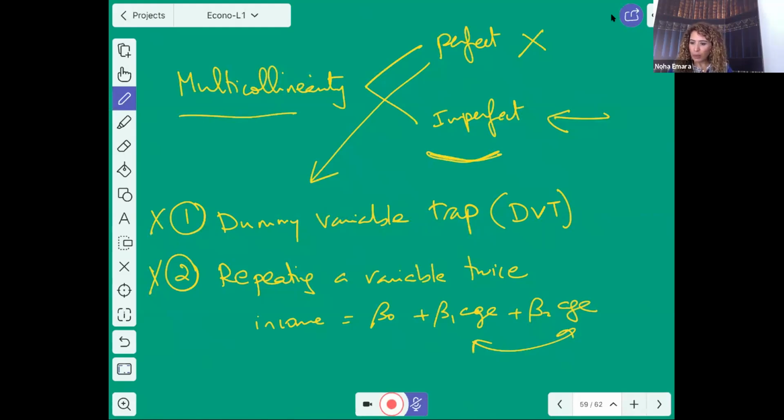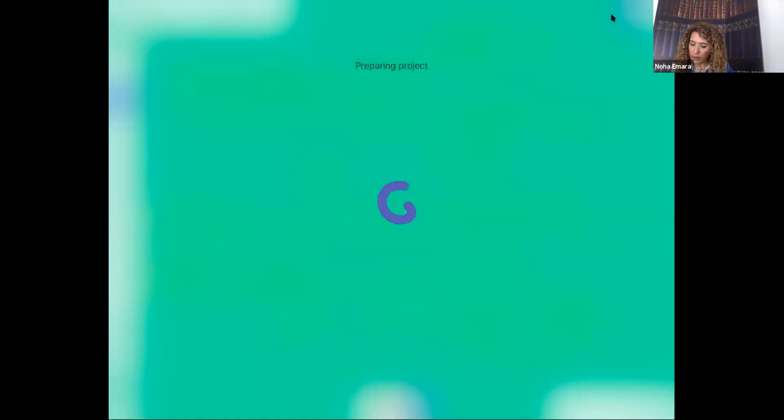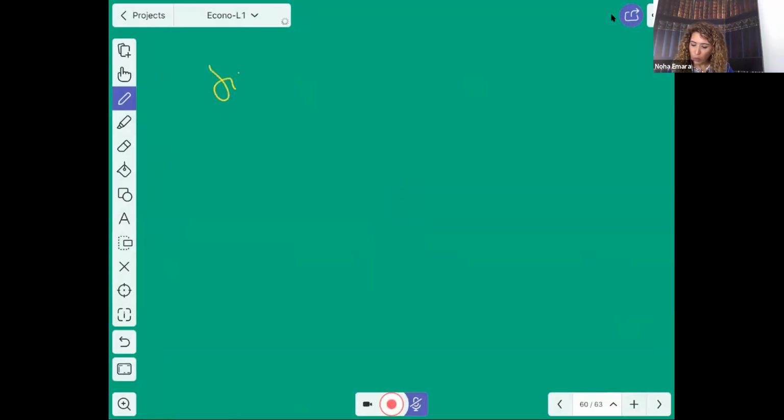So let's talk about the imperfect one. What is imperfect multicollinearity? I have a model Yi equal to beta naught plus beta 1 X1i plus beta 2 X2i plus ui. Imperfect multicollinearity, or multicollinearity in general, is only about the X's.